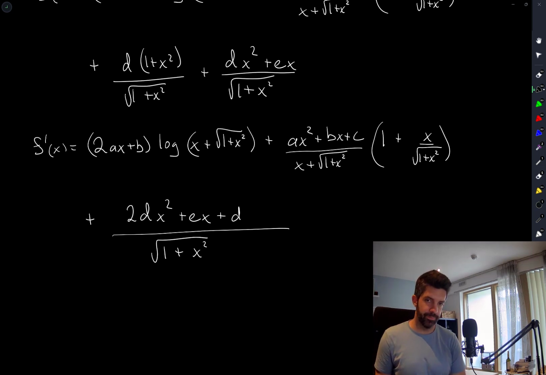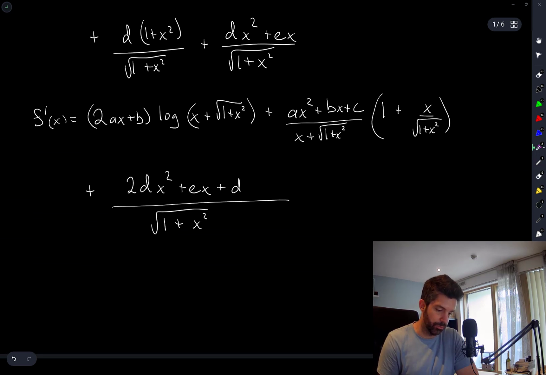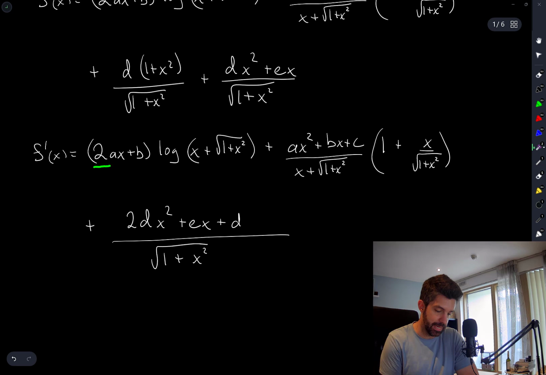So that seems to be about as far as this thing can be simplified. Now the second part of the question gives us 3 functions that it would like us to integrate. One of them I think shouldn't be an issue. So integrate log of x plus the square root of 1 plus x squared. So what I'm going to do is choose values.